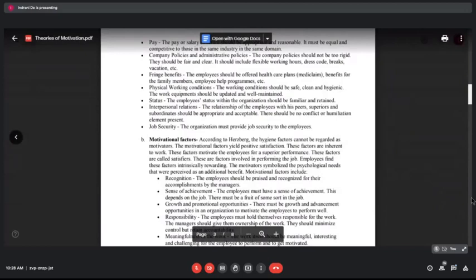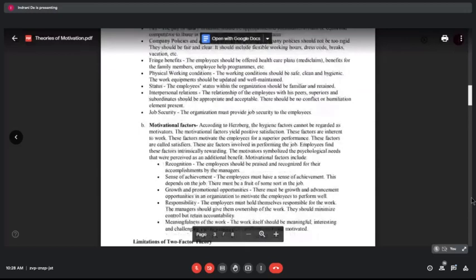The basic payment is not going to motivate you. It can only prevent dissatisfaction. But motivational factors are like these: recognition, better growth opportunities, when you are getting some extra responsibilities.